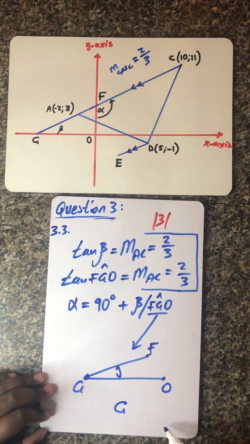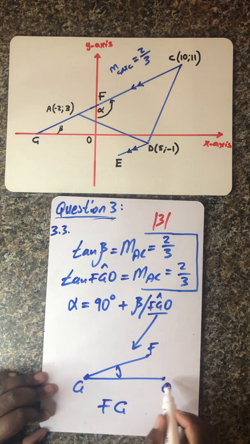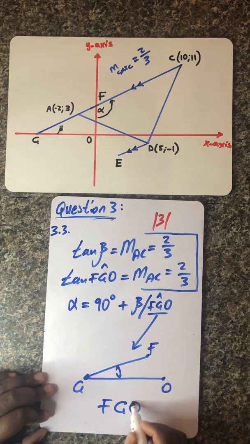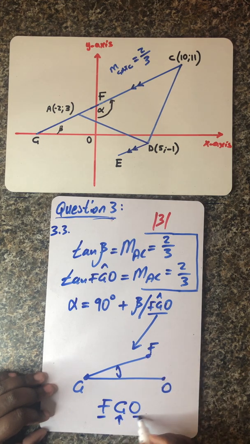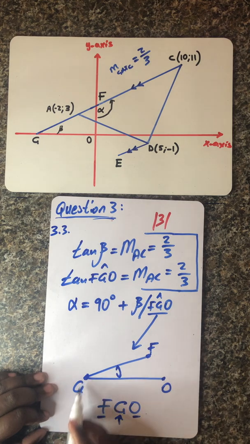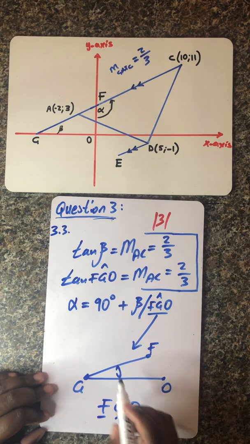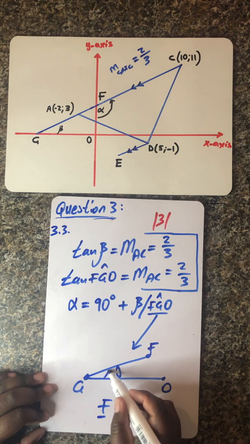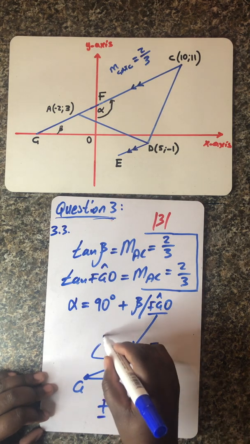On the side you write the points which are connected to that G, and then you indicate that the angle is actually that angle at G, which you can name as angle beta.